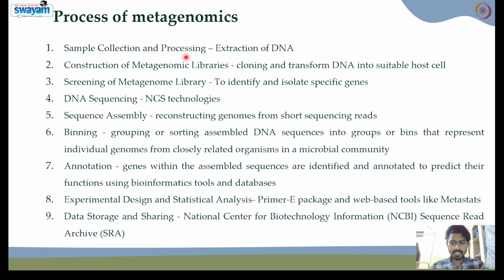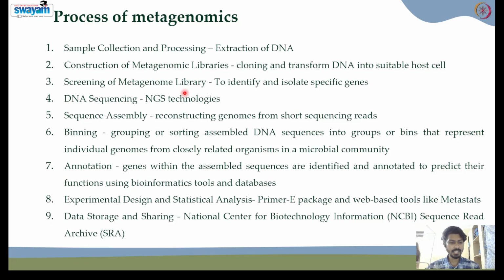That is, first you collect the sample and try to extract the total DNA out of it. After extracting the DNA, construct the metagenomic library, where you will be cloning and transforming the extracted DNA into a suitable host cell. So after transforming, you will be screening the metagenome library, where you will try to identify and isolate specific genes.